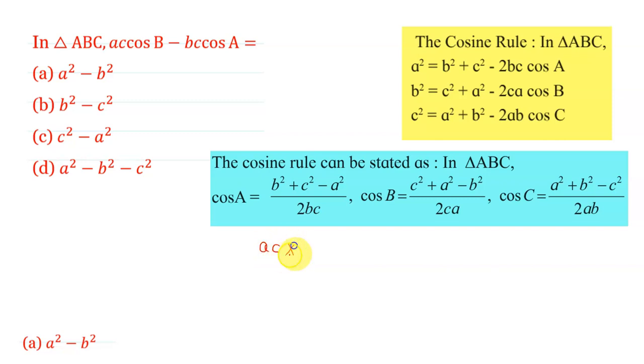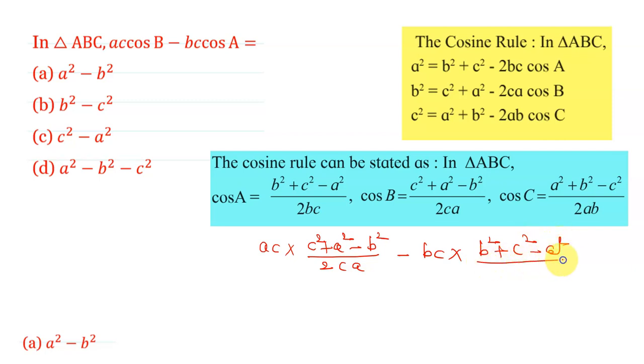The value of cos B is (C square plus A square minus B square) upon 2CA, and the next is a BC into cos A. The value of cos A is (B square plus C square minus A square) divided by 2 times BC.